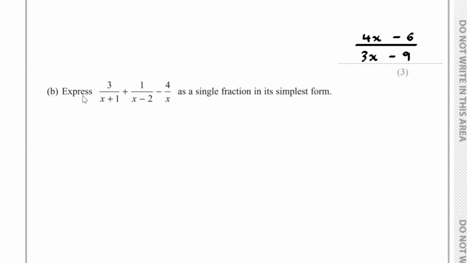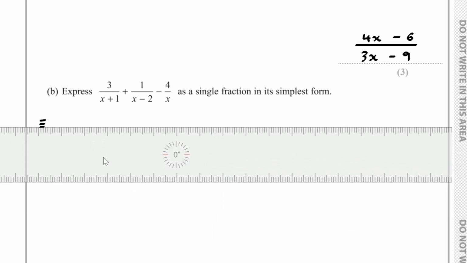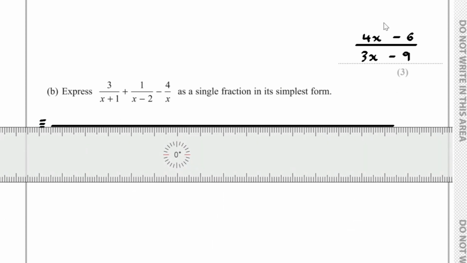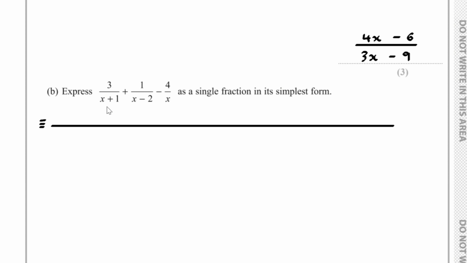And then for part B, we have to express 3 over x plus 1 plus 1 over x minus 2 minus 4 over x as a single fraction in its simplest form. For the 3 over x plus 1, what I really want is a denominator of x plus 1 times x minus 2 times x.